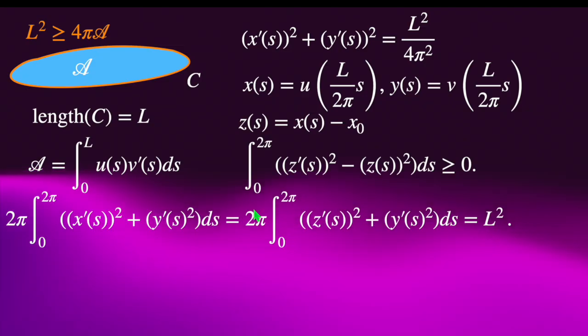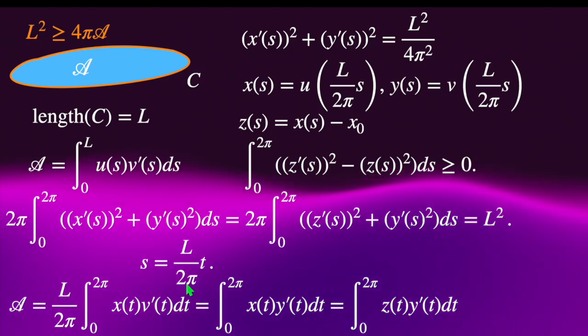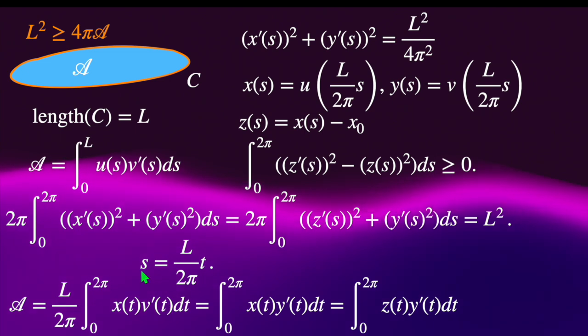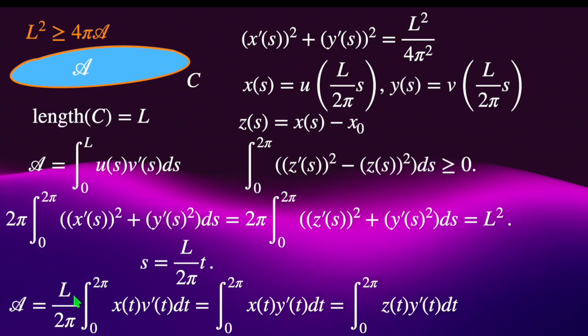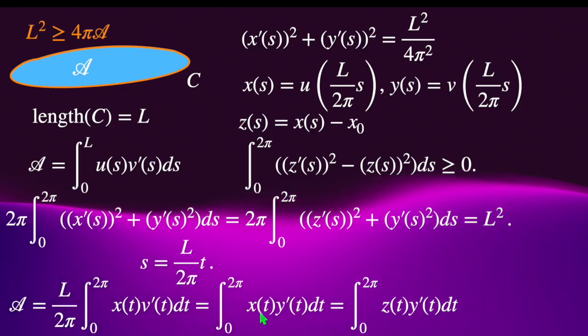We will also compute the area. We make a change of variable s equal to L over 2 pi t here. ds is equal to L over 2 pi dt. And now L over 2 pi v prime t is equal to y prime t.